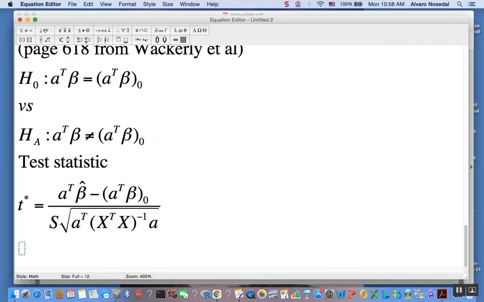We have two choices for step number 3. We could either use a p-value approach or the rejection region approach. Let me use the p-value approach. In this case the p-value is going to be 2 times the probability that a t-distribution is greater than the absolute value of your test statistic.